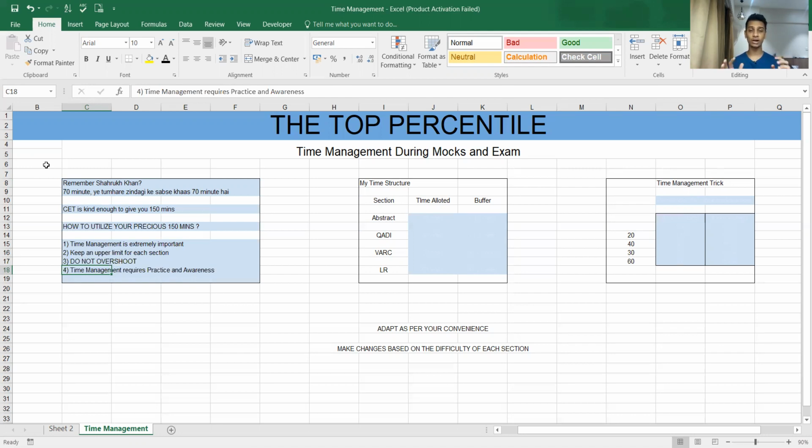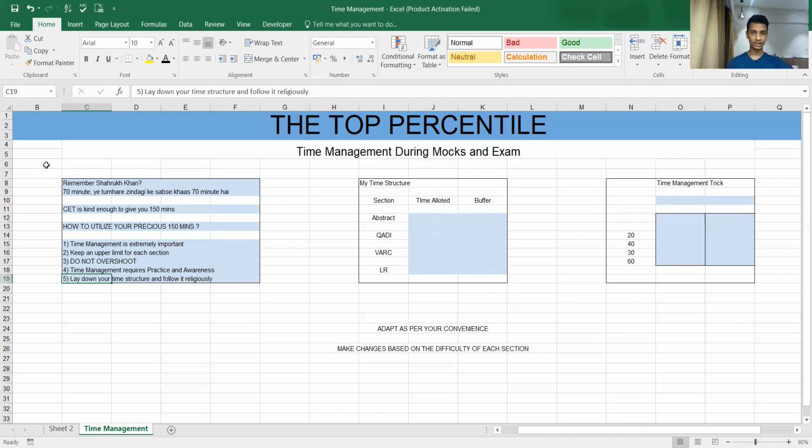Make sure that you're aware about how much time you're spending per section, how much time you're spending per question also, because at the end, all those questions on which you're spending a lot of time is going to make you overshoot your time limit. So just be aware of how much time is left on the clock. And finally, lay down your time structure and follow it religiously. I cannot emphasize enough how important time management, laying down your structure and following it is.